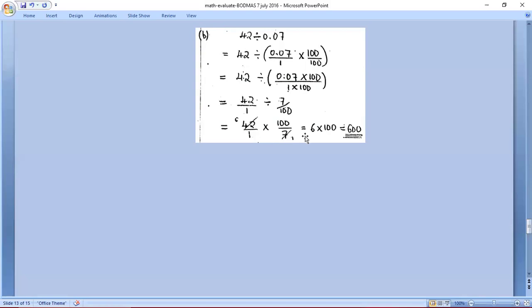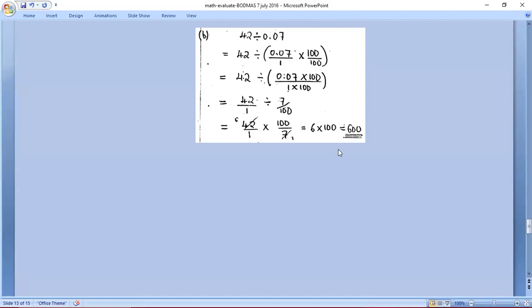With that, you can cancel out common factors in the numerator and in the denominator. 7 in 7 is 1. 7 into 42 is 6. If you multiply 6 times 100, everything over 1 disappears, because 1 times 1 is 1. So 6 divided by 1 is 6. 6 times 100 will give you 600, and that's our final answer.